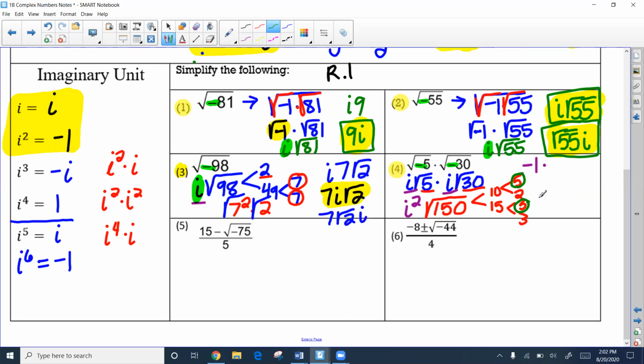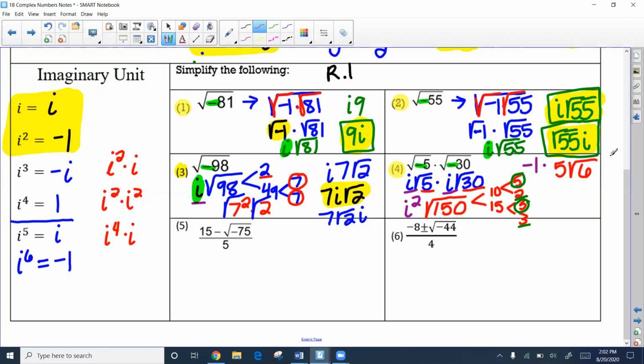I have a pair of 5s, and then I have a 2 and a 3 left over. So when I'm writing that, the 5 from the pair, or the 5 squared, is going to simplify to just 5 on the outside. The things that are not in a pair, the 2 and the 3, are going to stay on the inside. So on the inside, 2 times 3 is 6.